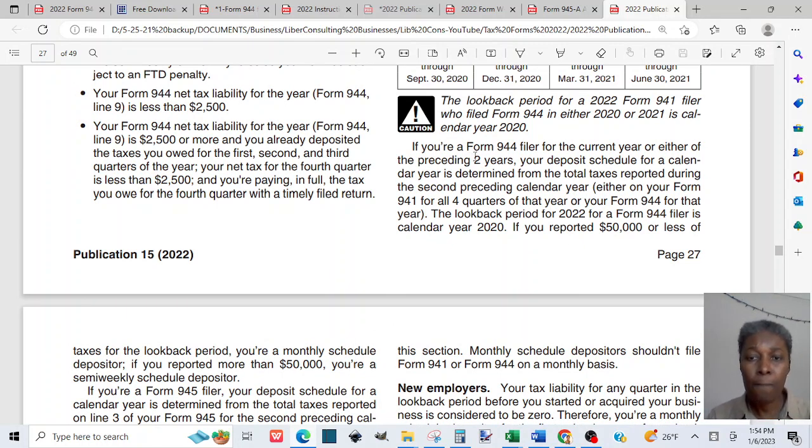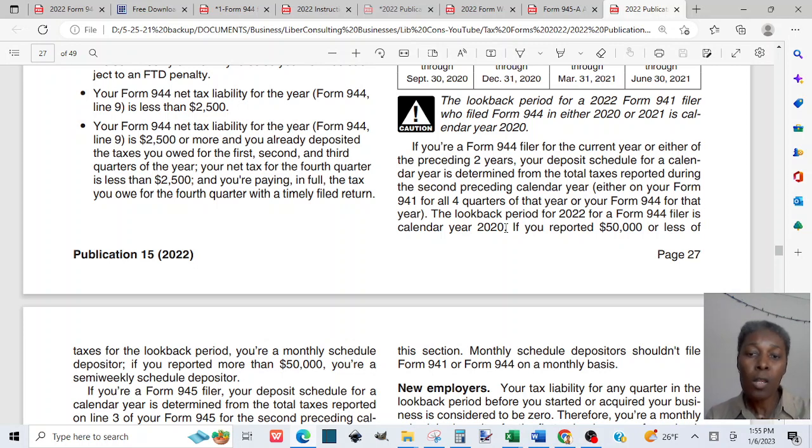So if you are a Form 944 filer for the current year or either of the preceding 2 years, your deposit schedule for a calendar year is determined from the total taxes reported during the second preceding calendar year, either on your Form 941 for all 4 quarters of that year or your Form 944 for that year. So your look back period for 2022 for a Form 944 filer is calendar year 2020.